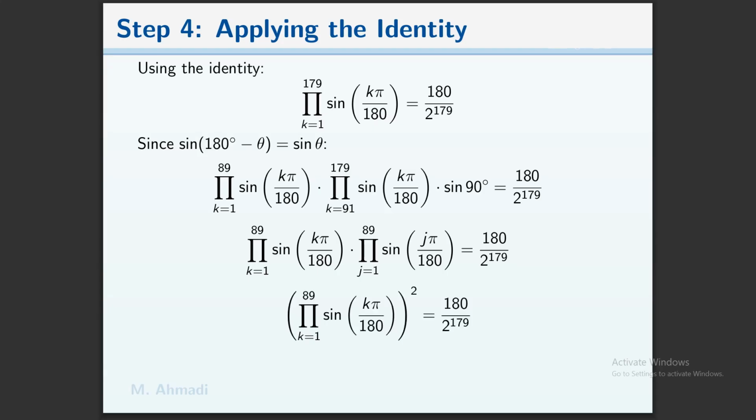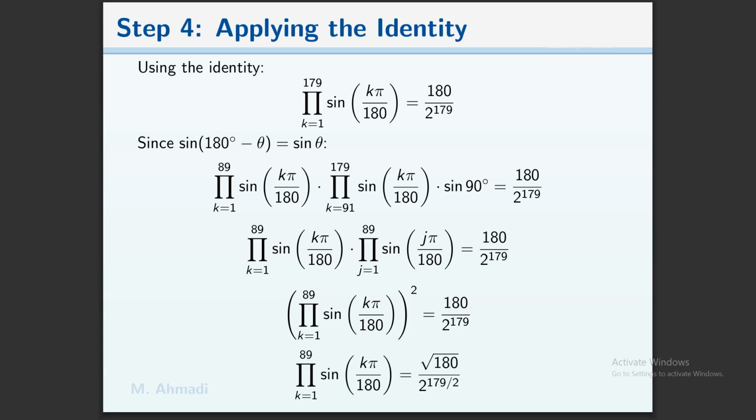We can rewrite the expression as the product of sin(kπ/180), k from 1 to 89, squared, is equal to 180 divided by 2^179. So we can write that the product of sin(kπ/180), k from 1 to 89, is equal to the square root of 180 divided by 2^179, divided by 2.